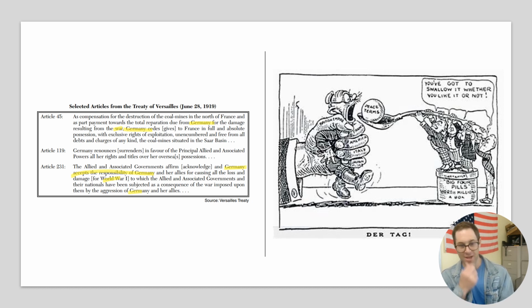And then I highlight accepts responsibility, and I'm able to gather that Germany is about to be punished for World War I. And you can see that in the cartoon as the man inside of the hand that has all the names of the winners of World War I is being forced to be peaceful. And we know from our study of history that forcing these countries to be peaceful is only going to lead to more conflict.